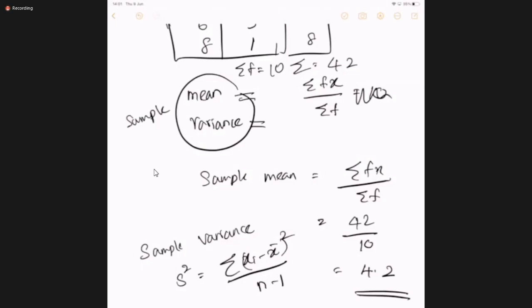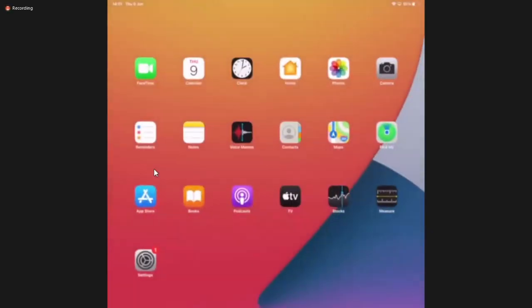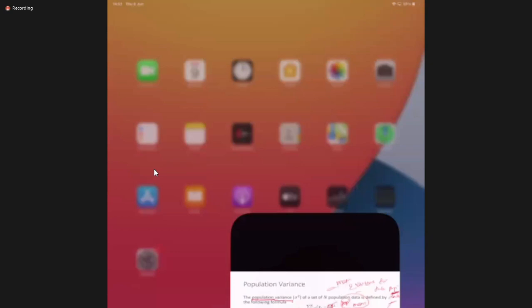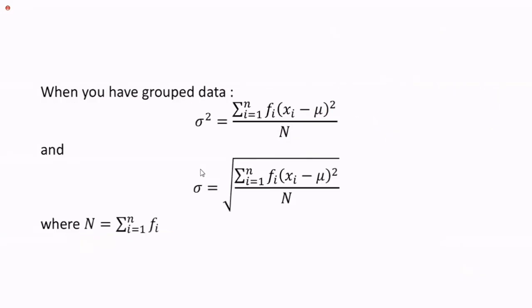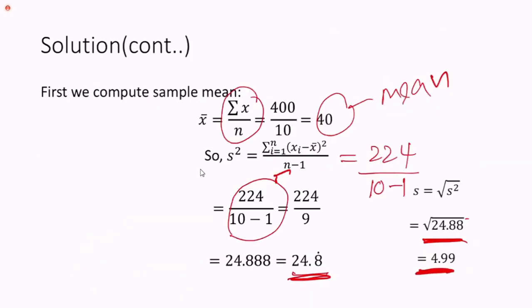But if you can remember, I will show you the formula. Here it mentions... Give me a second.